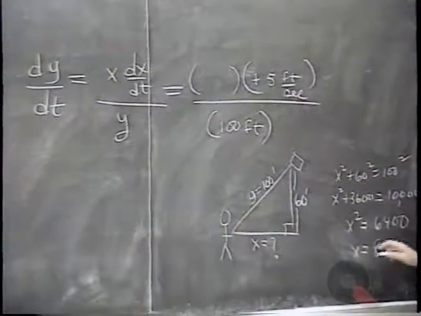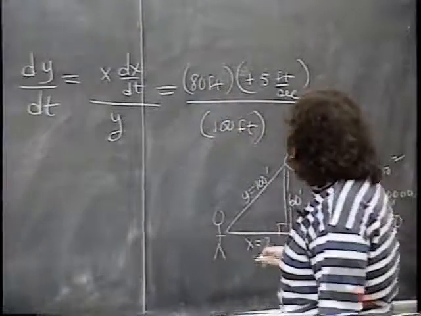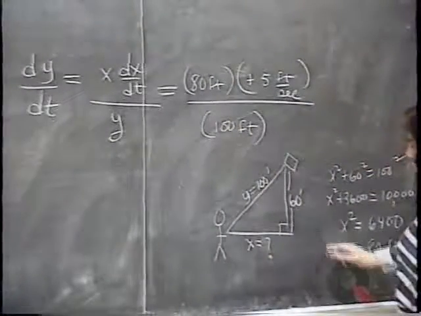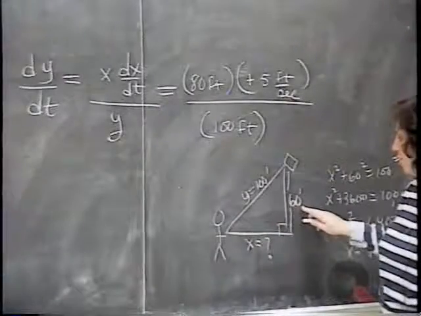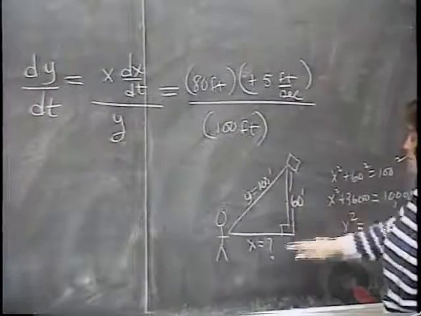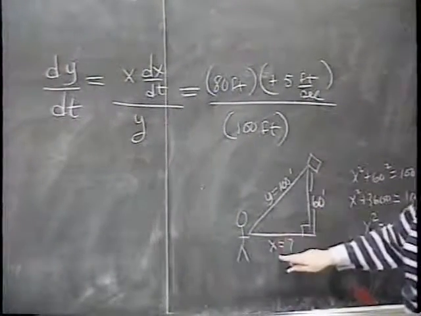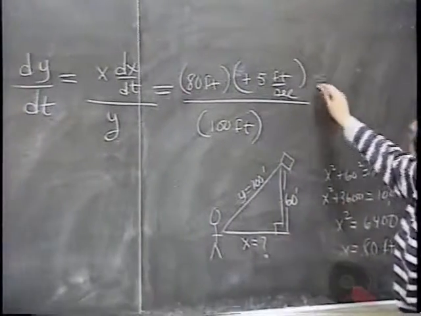So x is going to be 80 feet at that moment. Of course, if you know about 3, 4, 5 right triangles, this is a 3, 4, 5 right triangle times 20. 3 times 20 is 60, this is 20 times 5, and this is 20 times 4, or 80 feet.